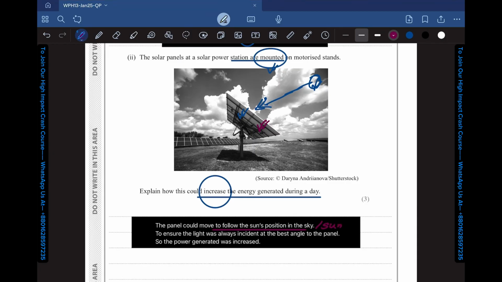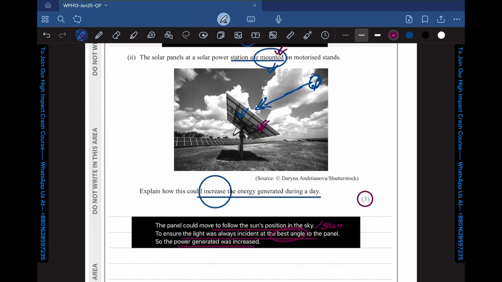The panel was mounted like this so that it is at the best position relative to the sun, to ensure the light was always incident at the best angle to the panel. Best angle means close to the 90-degree angle, or at least the 90-degree angle. So the power generated was increased. This was the main thing for which you will get the 3 marks. It was a very easy question.